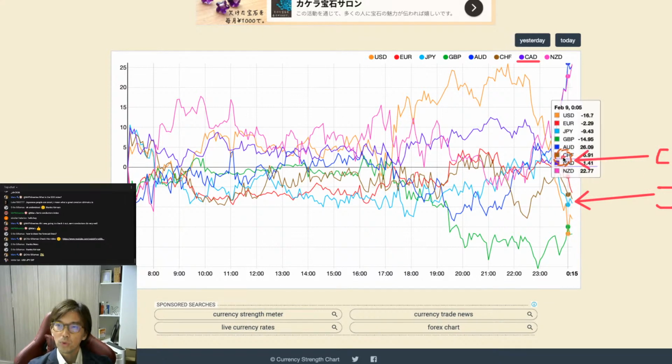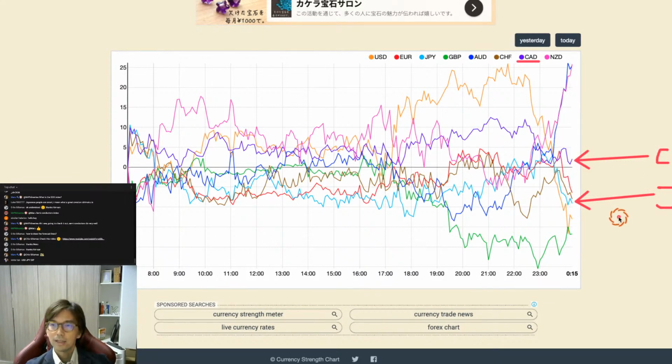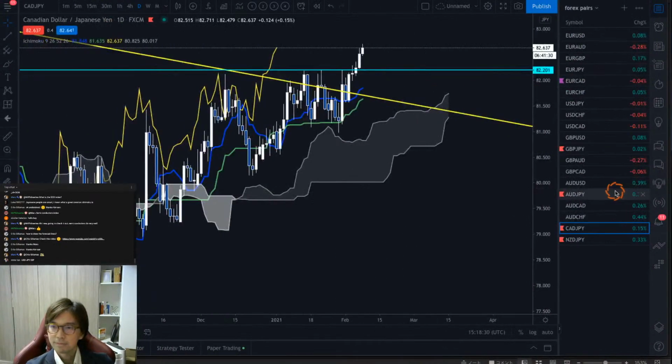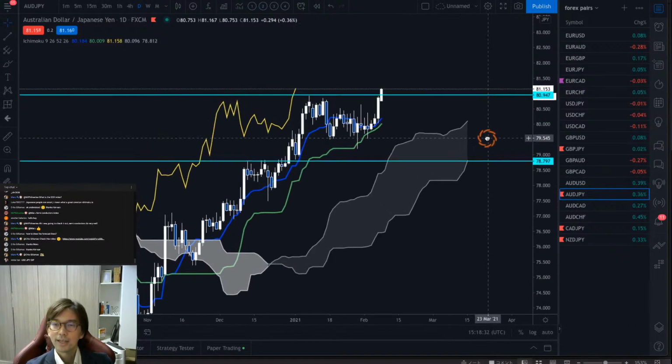If the gap in between is a little bit narrow, then it's not so volatile. But if the gap between the currencies is wider, then it becomes more volatile. So considering all these, I pick AUD-JPY to look for a buy chance in lower time frames.